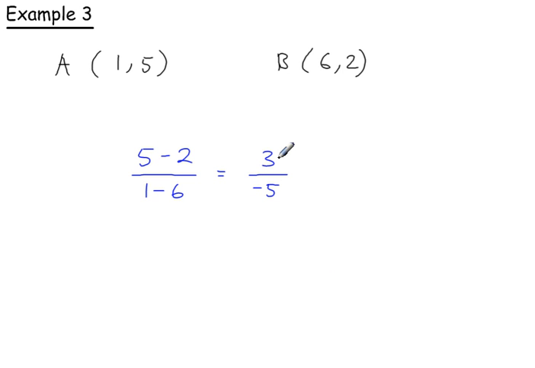Now 3 over minus 5 as a fraction is exactly the same as minus 3/5, which is exactly the same as minus 3 over 5. And in all of these fractions, it is useful to have the minus in the front.